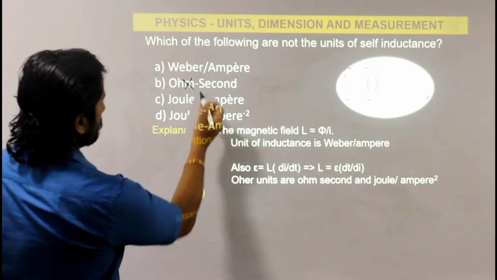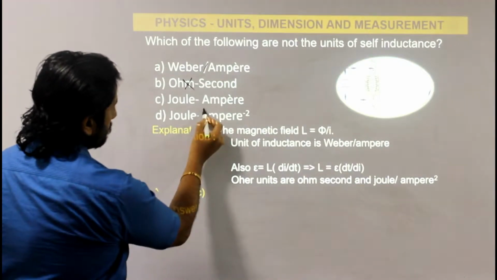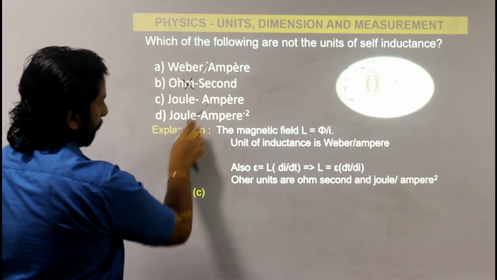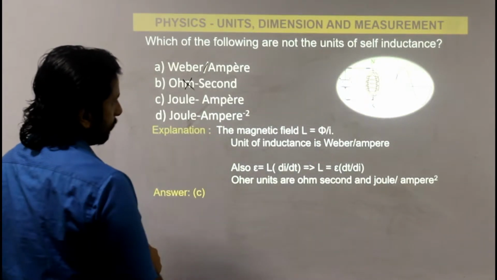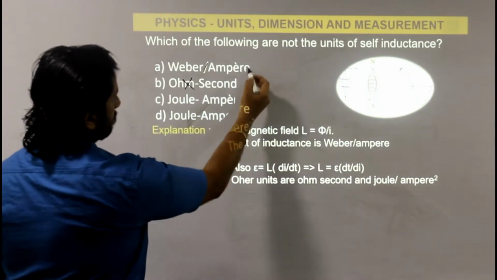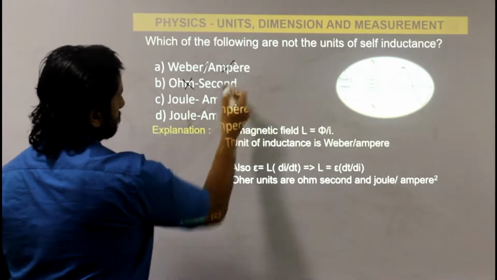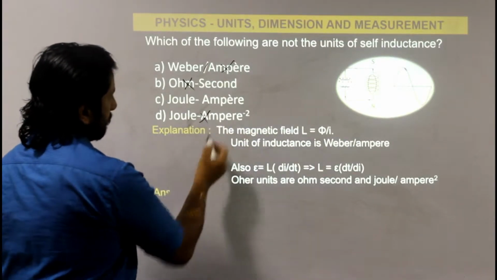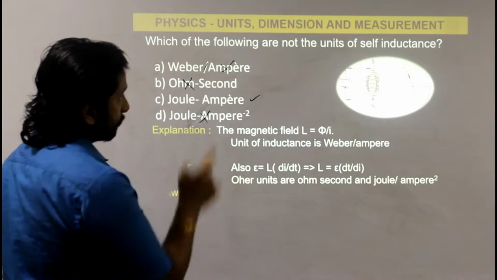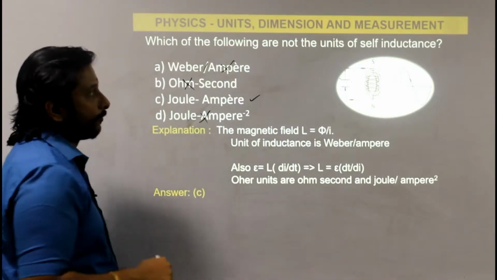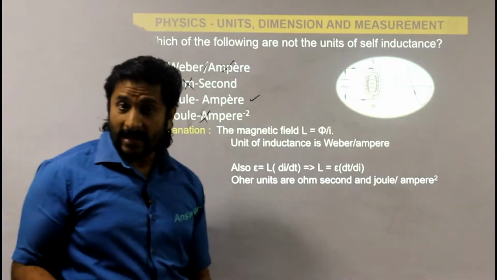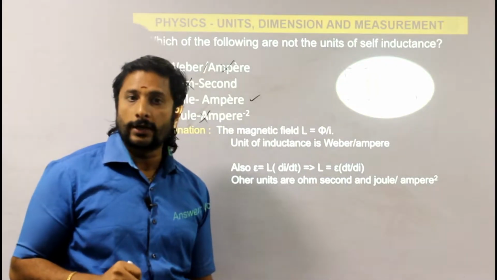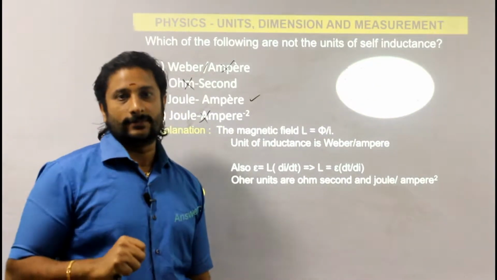Apart from this, this is divided by, and this is also divided by, because it's ampere power minus 2. So my guess is this can't be an answer, this can't be an answer, and this is the answer. So this is not a unit of self-inductance. From the options itself you are able to identify what could be the answer.